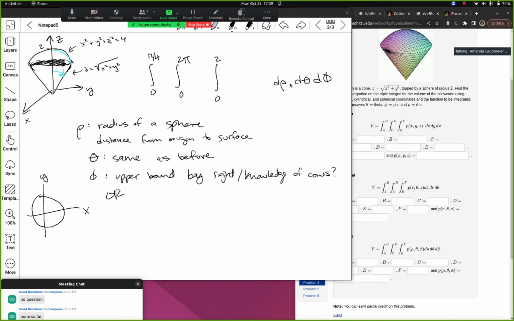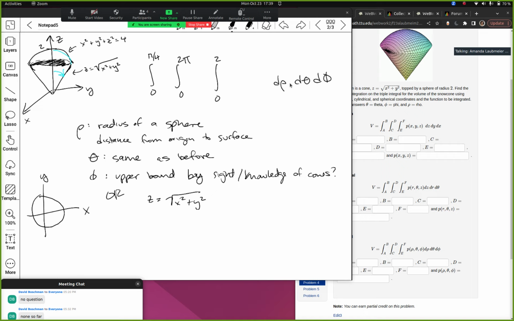would be, okay, I know that phi ends at that cone, z equals root x squared plus y squared, and then try to solve using substitution of variables what phi would have to be. So let's see what's the easiest way to do that.